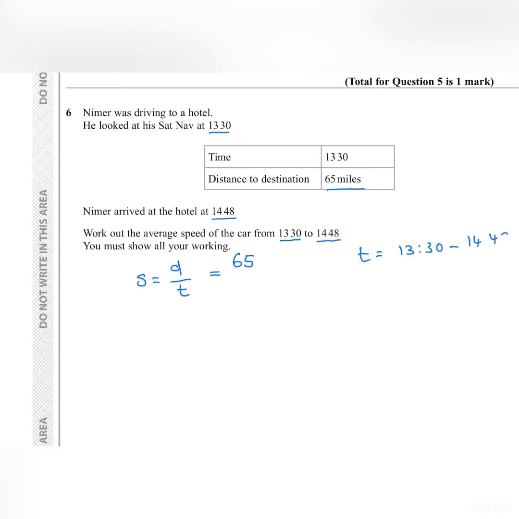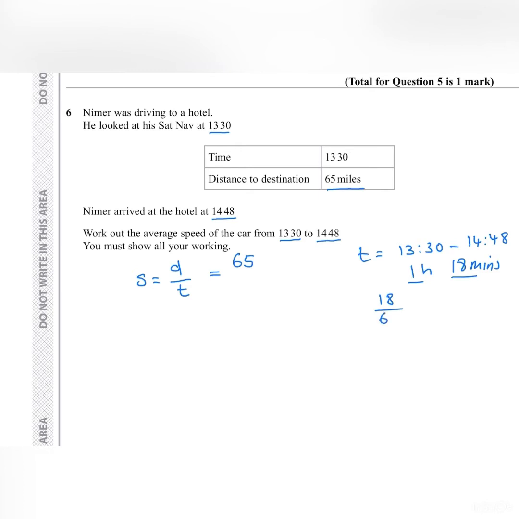Okay, so you can take this in steps. From 13:30 to 14:30, that's 1 hour. And then from 14:30 to 14:48, that's another 18 minutes. Okay, so we can't just divide by 1.18 because it's 1 hour and 18 minutes. So 18 minutes needs to be converted into hours.